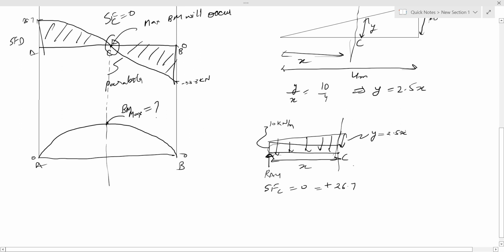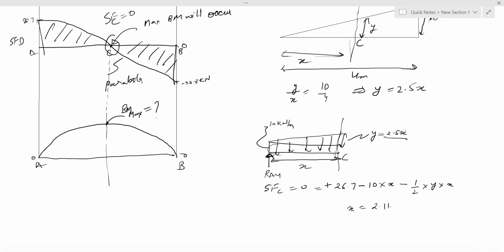This UDL is downwards, so it will be minus 10 into the distance X, and for UVL it is minus 1 by 2 into Y into the distance X. From here we can place the value of Y equals 2.5 X and we can find the value of X. So after placing the value, X will come 2.11 meter.